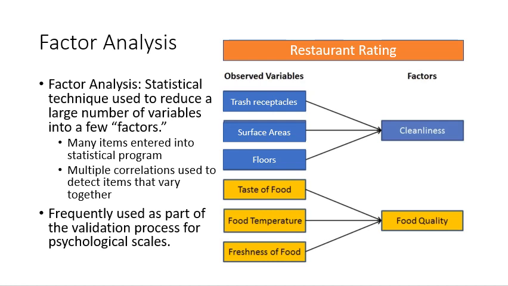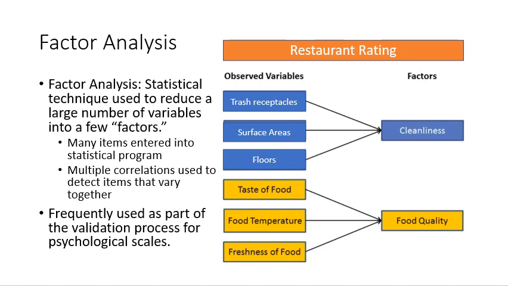If the taste of food tended to be a high score, the food temperature was good and the freshness of food was good. If someone responded positively to one of these, they would tend to respond positively to all 3. And so responses on these items would cluster together.